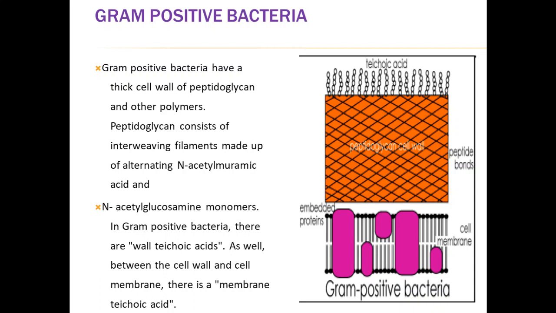These have tetrapeptide side chains and cross linking between the side chains, making a compact layer. So gram positive bacteria mainly contain peptidoglycan with some teichoic acid attached to it, and this is their basic composition.